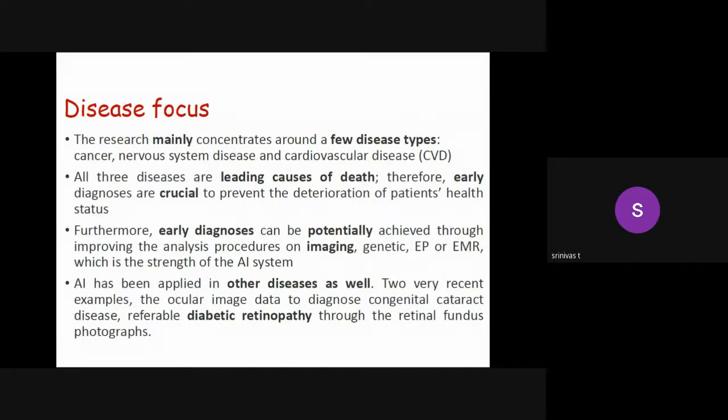Two very recent examples: ocular image data to diagnose congenital cataract disease, and diabetic retinopathy, which you know very well. This is a recent success story of diabetic retinopathy through retinal fundus photographs. Fundus cameras can be used for diabetic retinopathy.